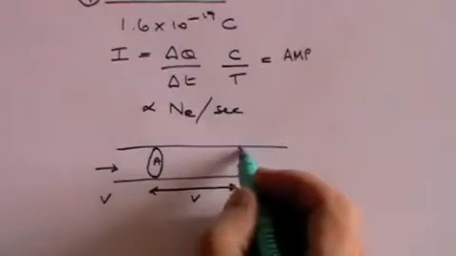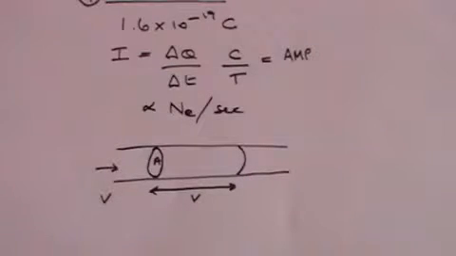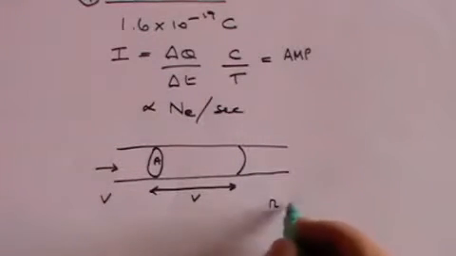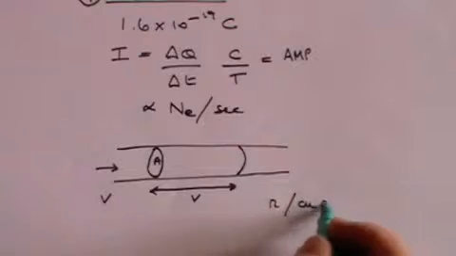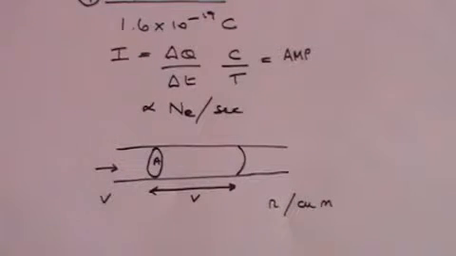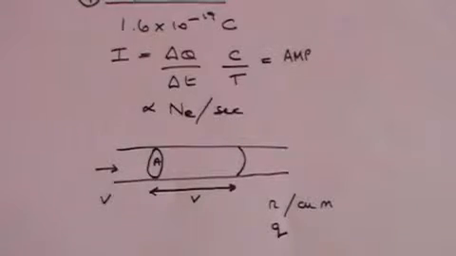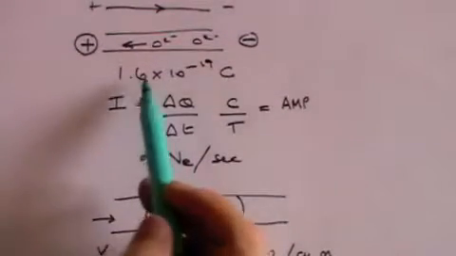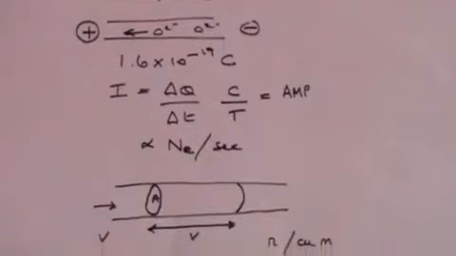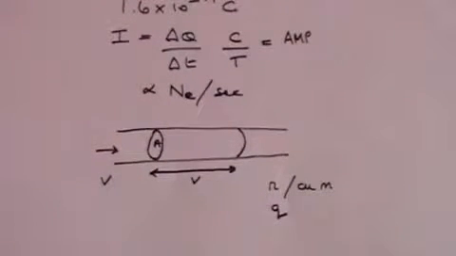Now let's assume that there are n electrons per cubic metre in the wire, and each of those electrons carries a charge q, which we've already said is 1.6 times 10 to the minus 19 coulombs.